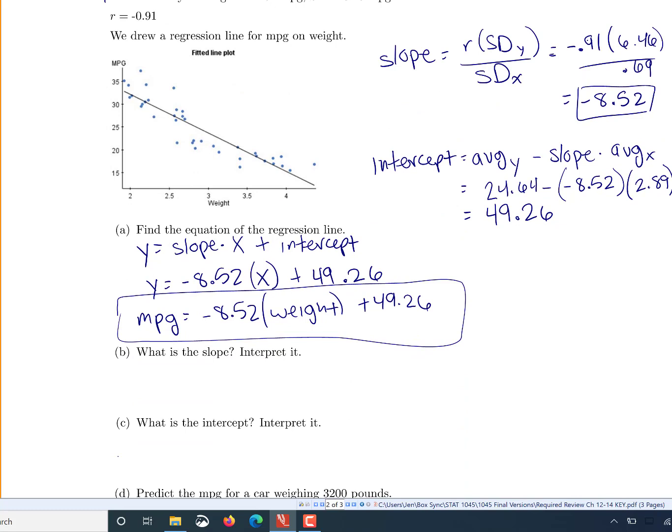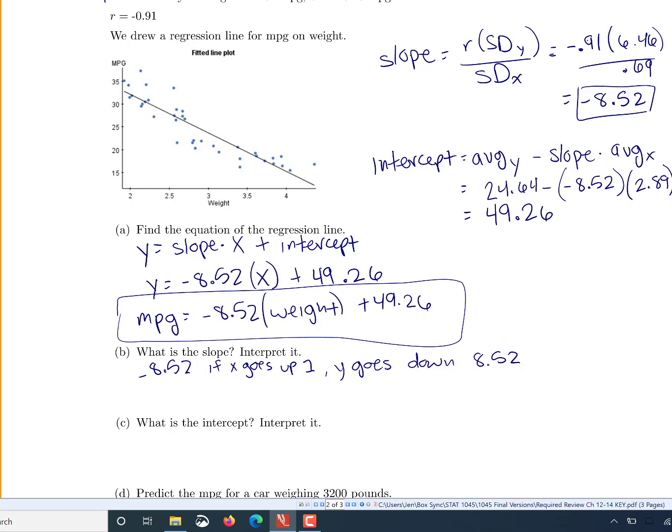So first, what is the slope and interpret it? Well, our slope, we found out, is negative 8.52. To interpret it, it means if x goes up 1, y goes down 8.52. Okay, so that's my simple answer. I like to write the simple answer first and then try and interpret it in context or see which answer matches on the test.